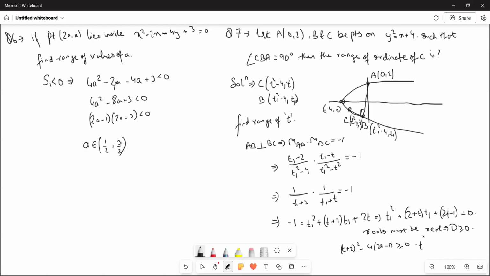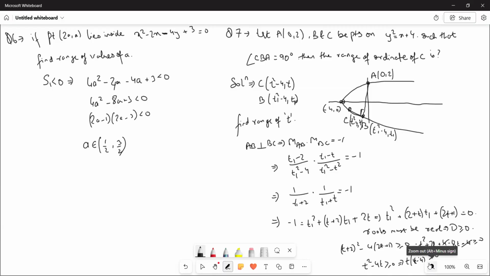Simplifying, we get t² + 4t + 4 − 8t + 4 ≥ 0, which is t² − 4t ≥ 0, or t(t − 4) ≥ 0.